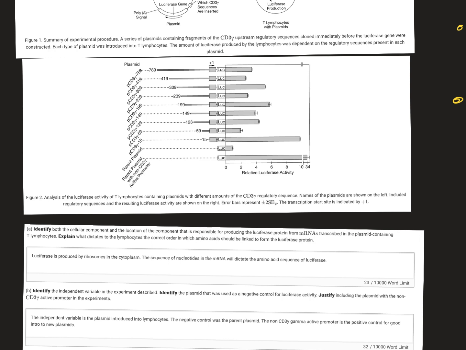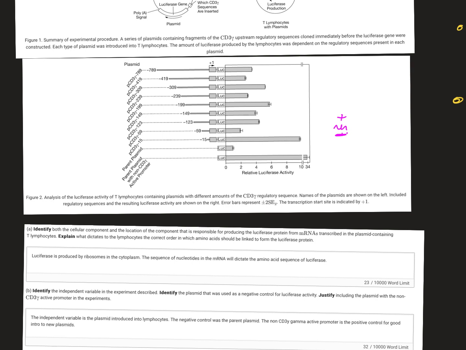So if I were looking at this, you'd have a little bit of the promoter region, right, 15. And then you have the luciferase enzyme gene. So you're making a lot. So I would say this little bit here, the first 15 nucleotides, you have definitely positive upregulation, so you don't have a downregulatory impact at all.